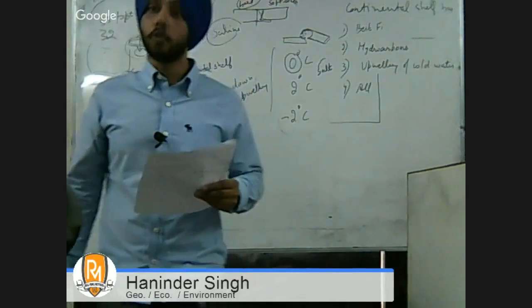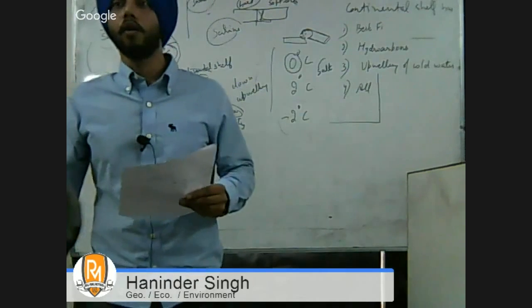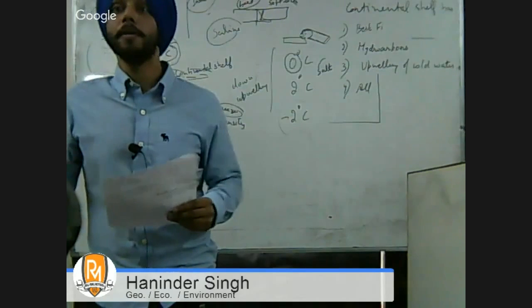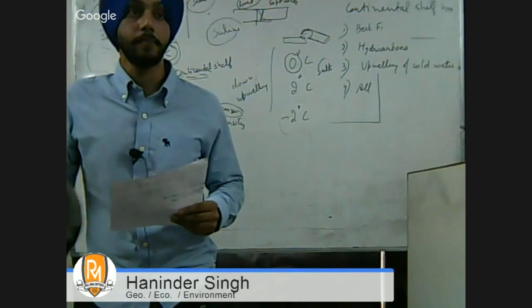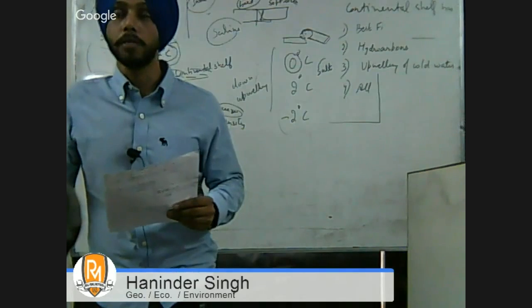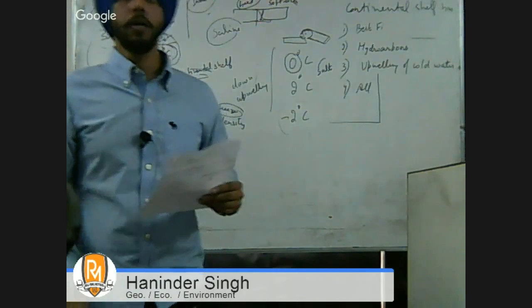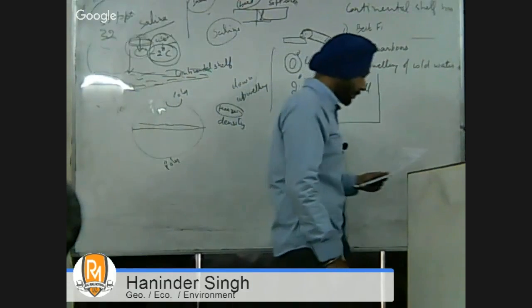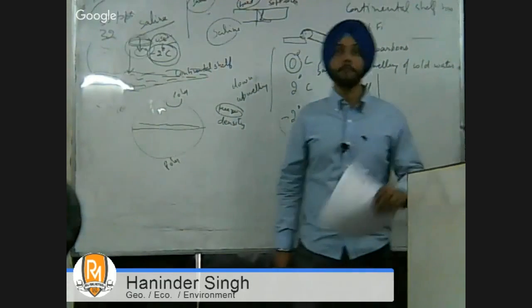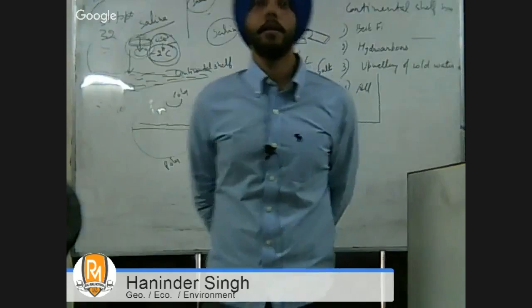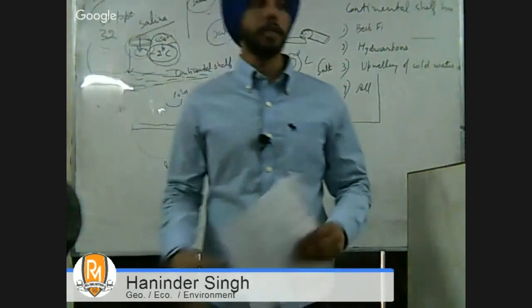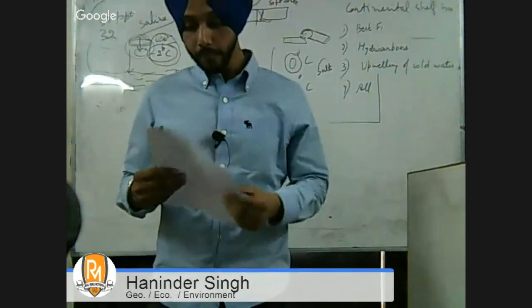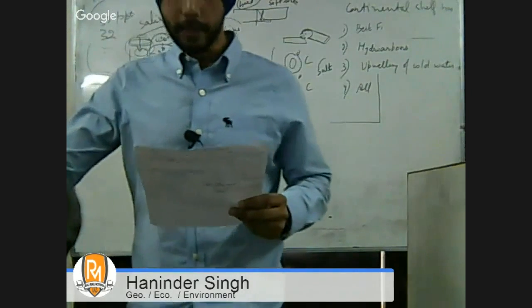Depth of slope is 200 meters to 3000 meters. Gradient of slope varies between 2 to 5 degrees.